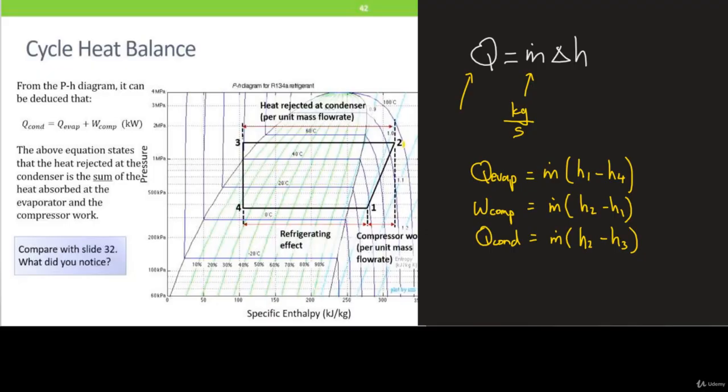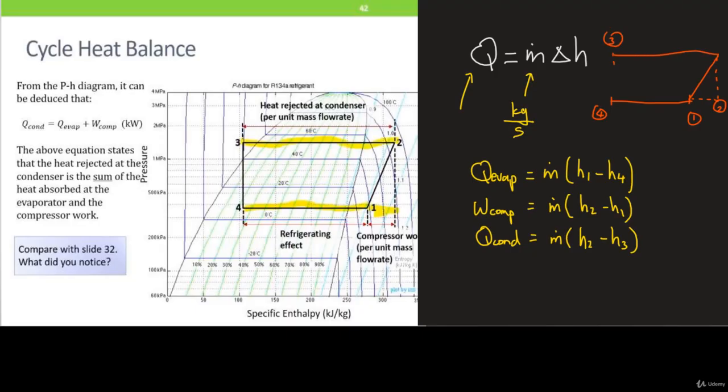If you look at the pH diagram clearly, you will notice that the amount of heat that you absorb at the evaporator, Q evap, which is the bottom line over here, plus the amount of work done at the compressor, which is between 1 and 2, over here, this whole line is in fact the same as the line between 2 and 3.